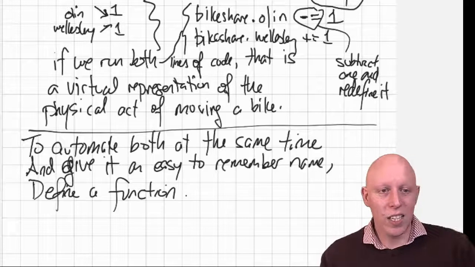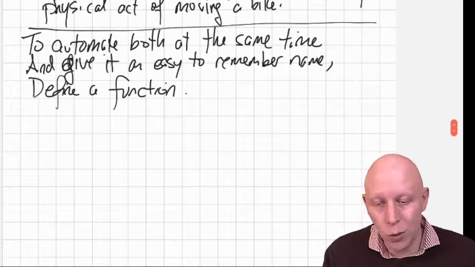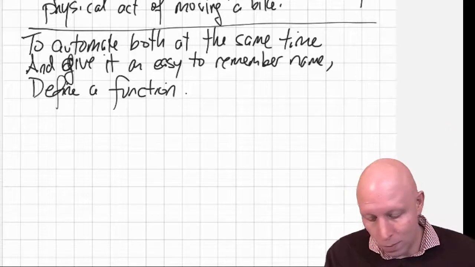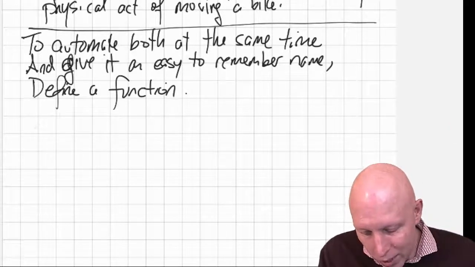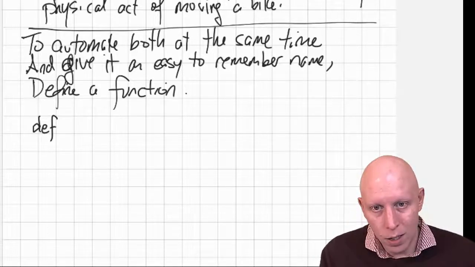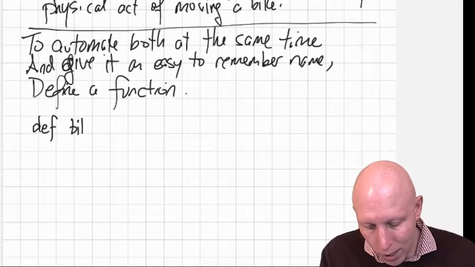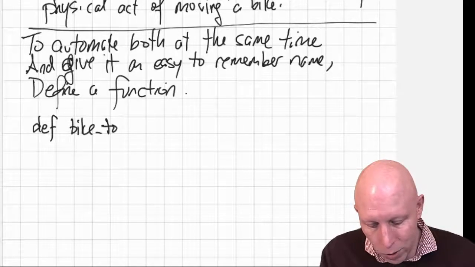Anytime this function is called, it will move a bike from Olin to Wellesley. So let's give it a super simple, easy name to remember. The name of this is going to be called bike underscore to underscore Wellesley.